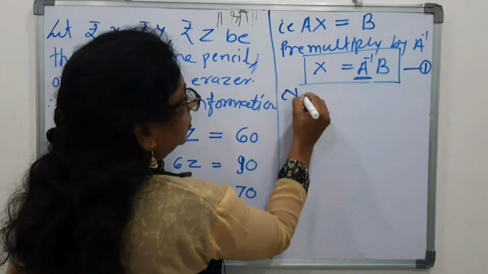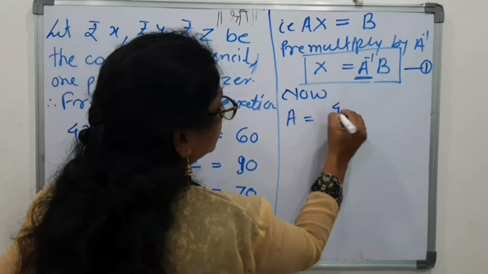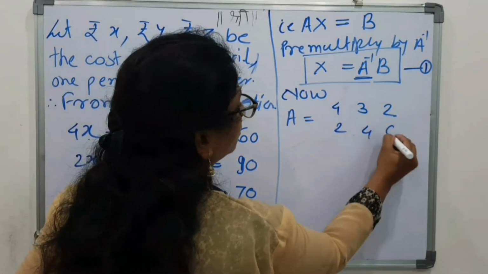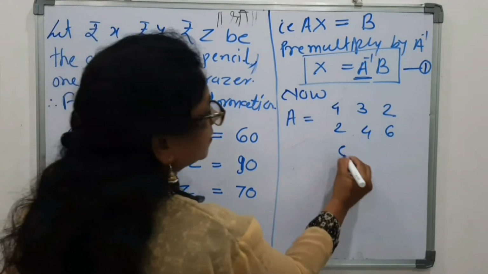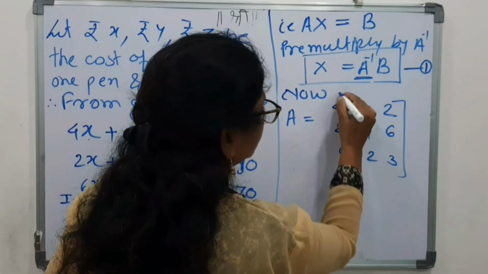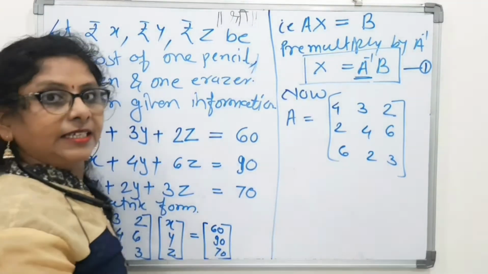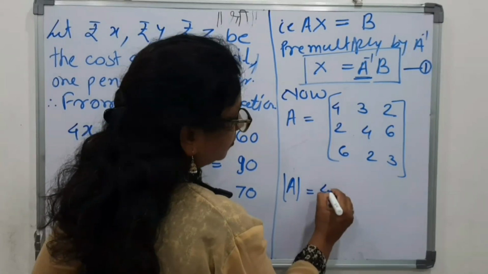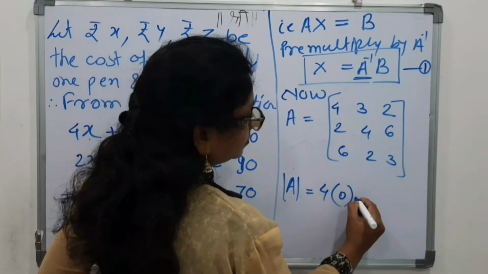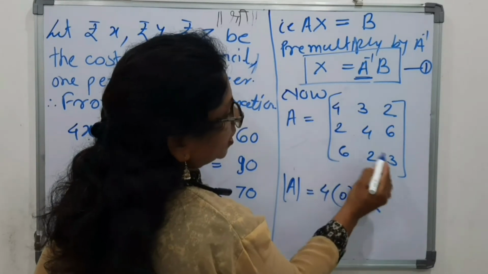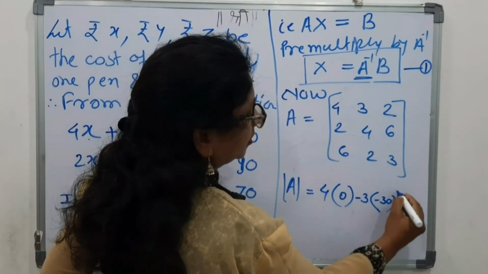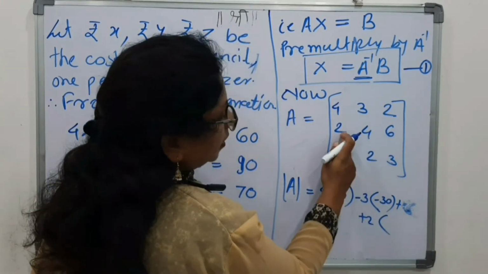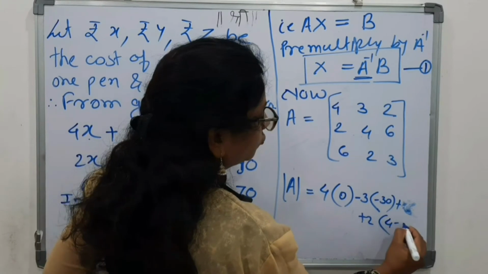Now what is our A? 4, 3, 2. Then 2, 4, 6. Then 6, 2, 3. First we will check whether it is invertible or not. So we will find the determinant of this. 4 into 0 minus 3 into 6 minus 36, that is minus 30, plus 2 into 4 minus 24.